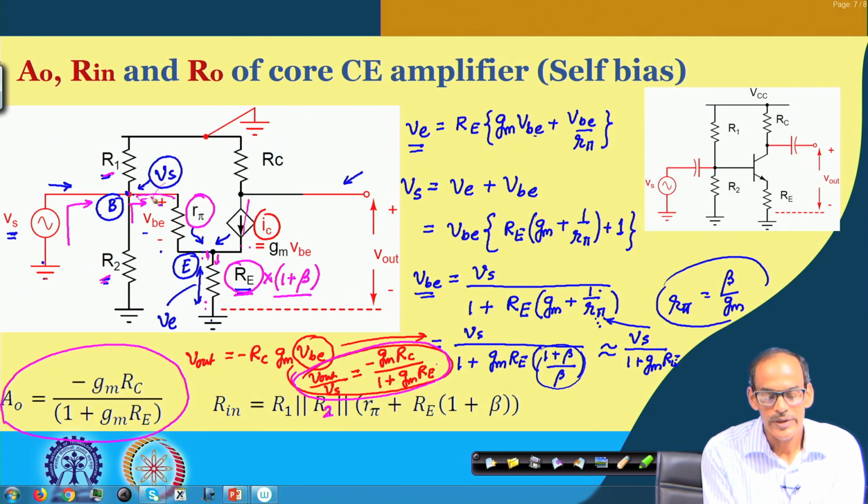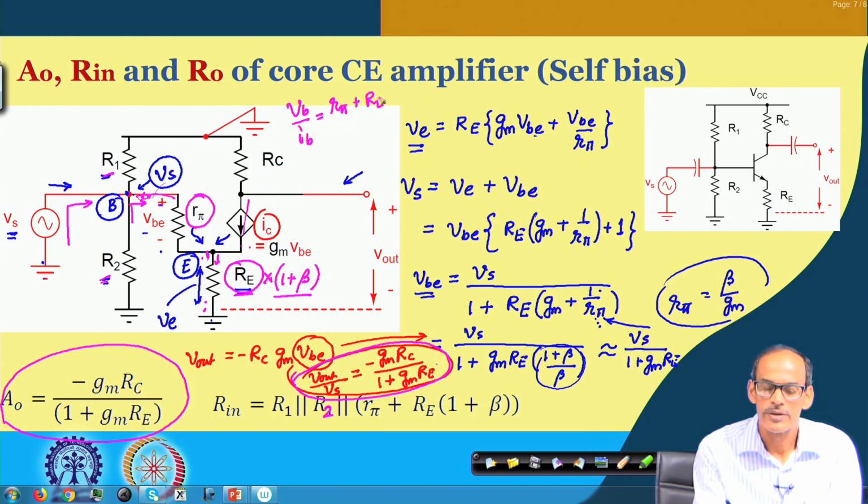So, if I take the ratio of the voltage here to the current I b, that gives us the input resistance of this circuit. So, there we got V b divided by I b equals R pi plus R e into 1 plus beta.